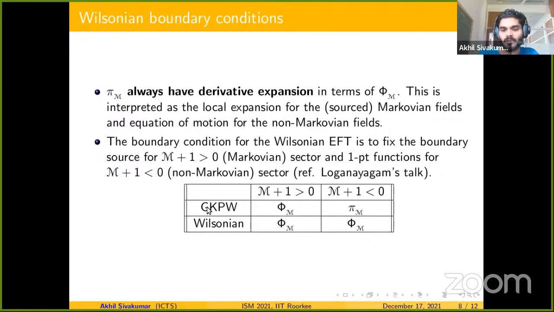The usual GKPW boundary conditions, which tell you how to calculate correlation generating functionals, say that in the Markovian sector you have to fix phi_m, and in the non-Markovian sector you have to fix pi_m. But the Wilsonian boundary conditions motivated here say you go to this field basis of effective dual scalars, and then you fix phi_m, like you put Dirichlet boundary conditions for all scalars.